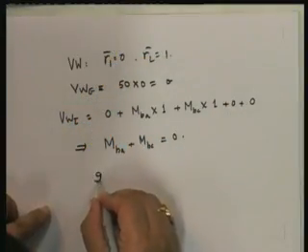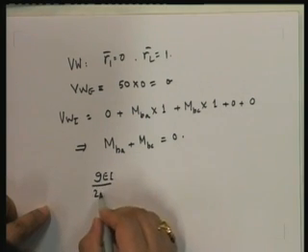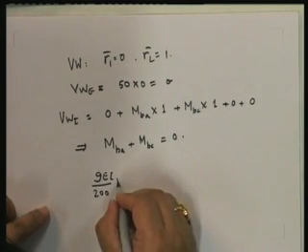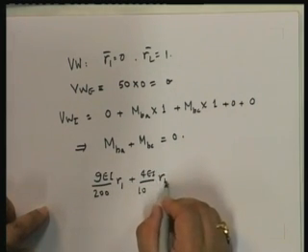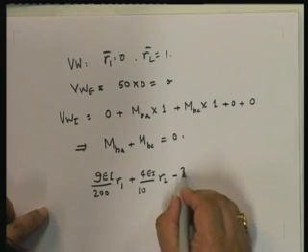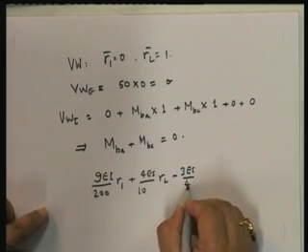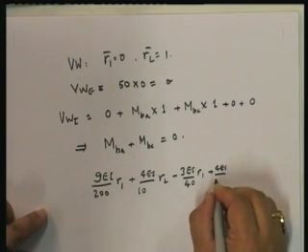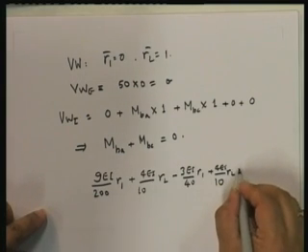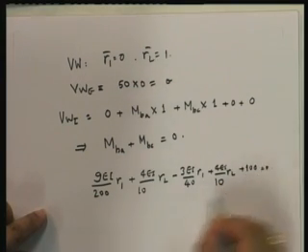Now we've written the two equations. Once I substitute for MBA and MBC, you will get 9 EI by 200 R1 plus 4 EI by 10 R2 minus 3 EI by 40 R1 plus 4 EI by 10 R2 plus 100 is equal to 0.